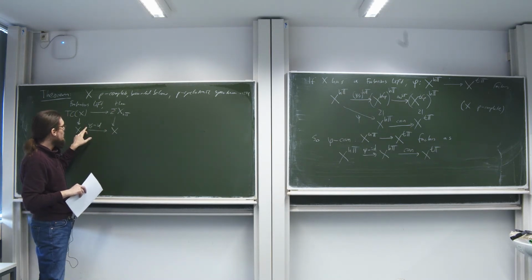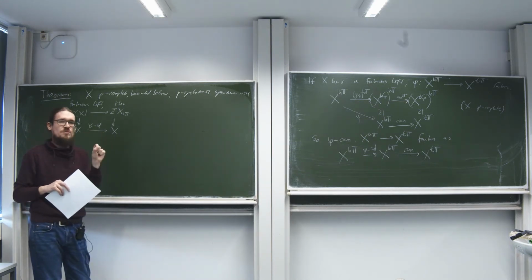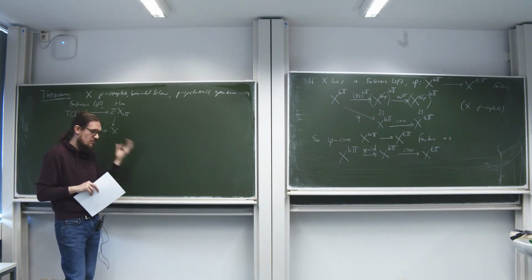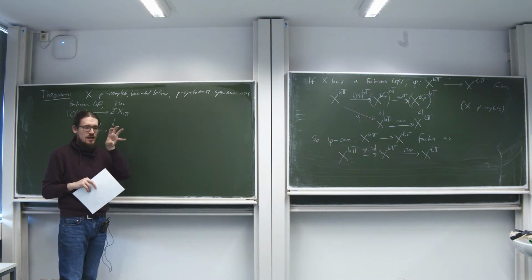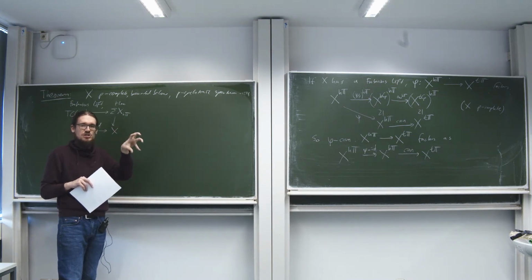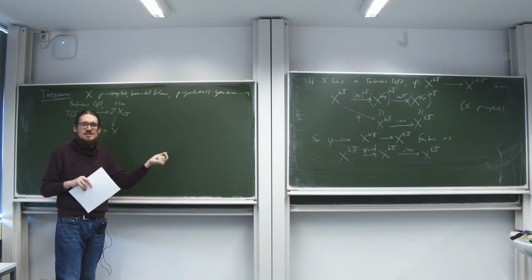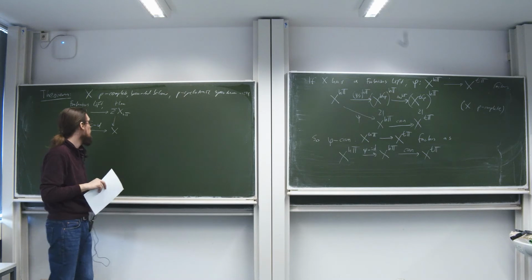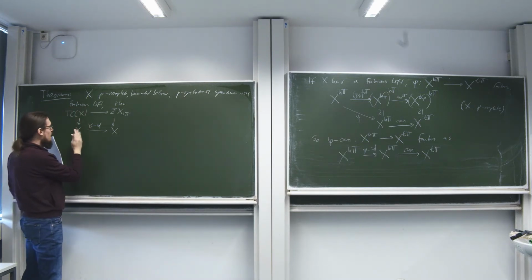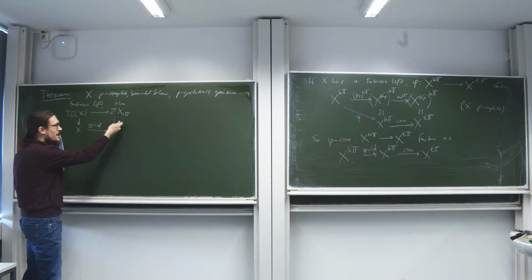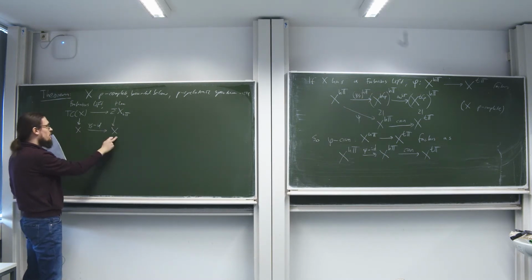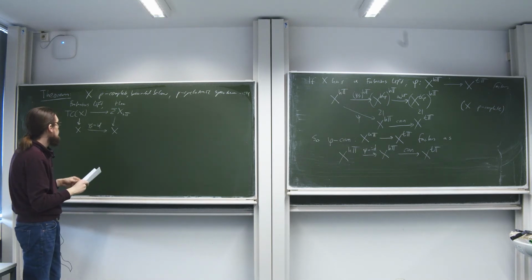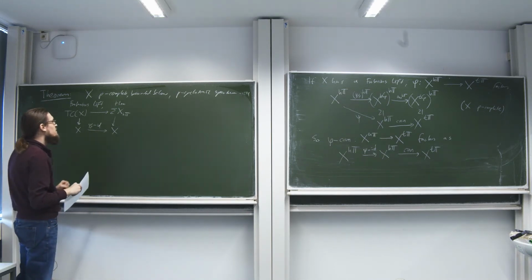And I'm abusively calling the composite still psi p, because one way to think about maps into homotopy fixed points is that a map from a spectrum into homotopy fixed points with respect to a G action on a spectrum X is the same as just a map into X which is equivariant with respect to the trivial action on the domain and the given action on X. So here I'm thinking about the map psi p from X to X upper HCp simply as an equivariant map from X to X. And so I'm just forgetting some information in looking at this as an endomorphism.